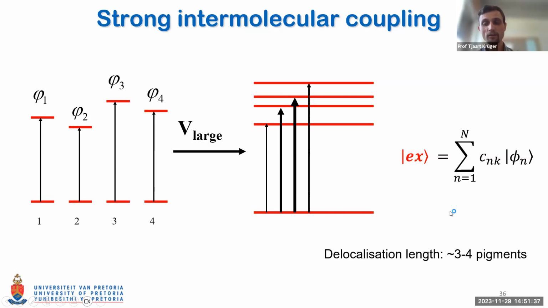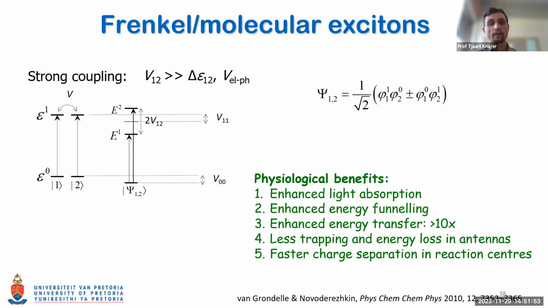And in the case of photosynthetic systems, the delocalization length, so the extent of this excitation, is typically across 3 to 4 pigments. So it's spatially relatively big. This phenomenon of excitons, specifically molecular or Frenkel excitons, is to be differentiated from semiconductor excitons.